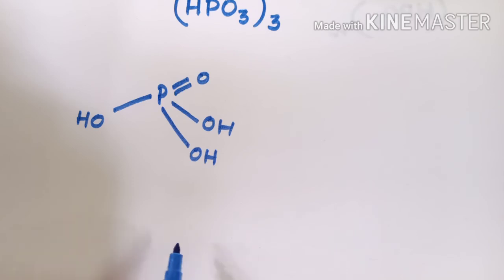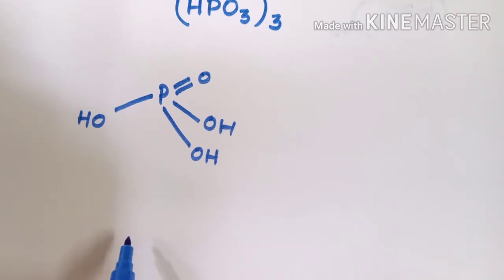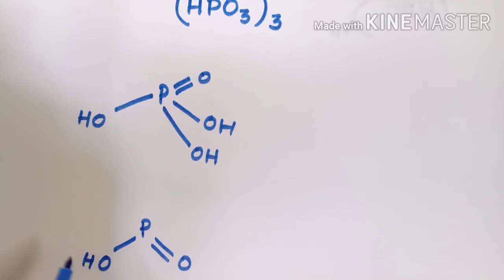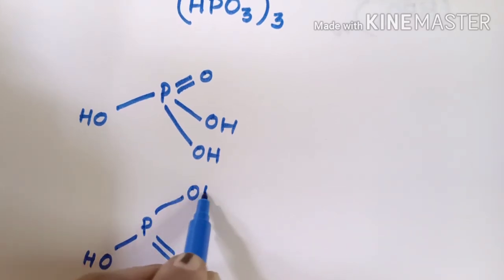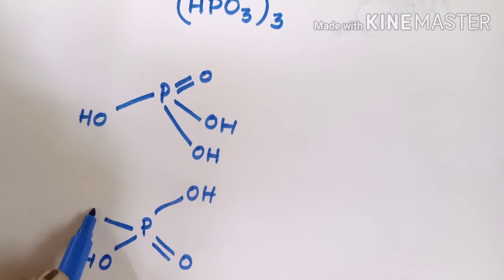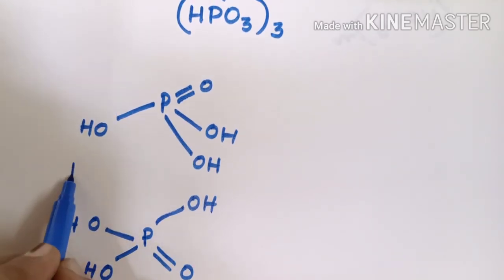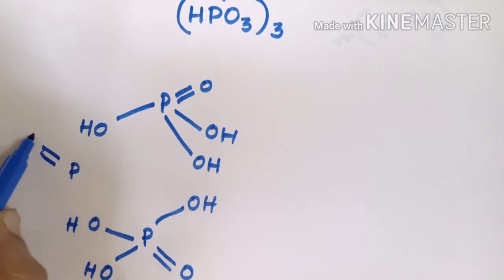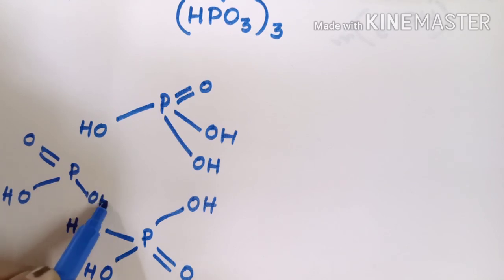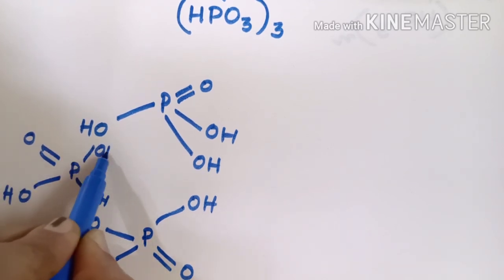Again, I'll draw P double bond O, single bond OH, this side 1 OH and another side 1 more OH. Again, P double bond O, single bond OH, 1 OH here and the other OH this side.